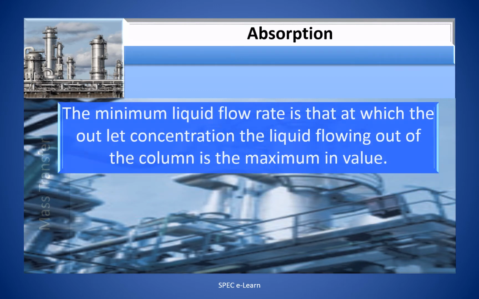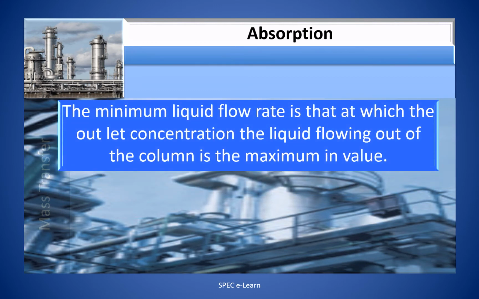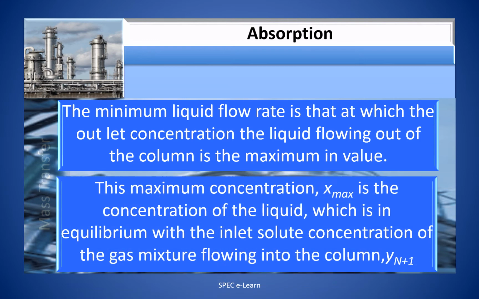The minimum liquid flow rate is that at which the outlet concentration of the liquid flowing out of the column is the maximum in value. The maximum concentration X max is the concentration of the liquid which is in equilibrium with the inlet solute concentration of the gas mixture flowing into the column, Yn plus 1.